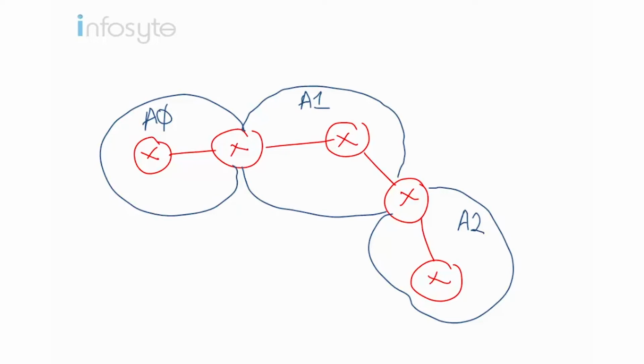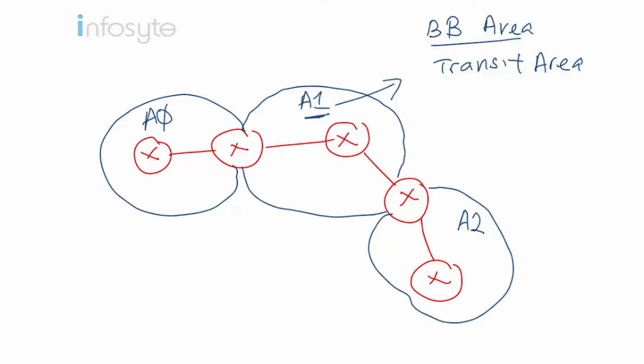First thing, we need to make sure that you understand the backbone area. The backbone area is also called a transit area. Right now in this example, is area 1 a transit area? It's not.